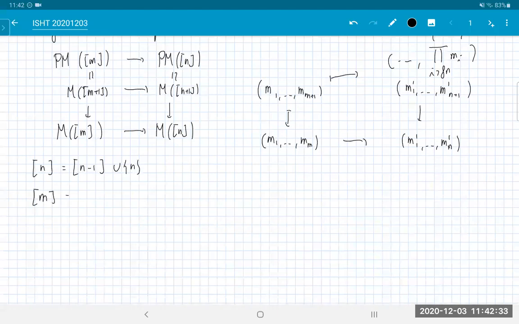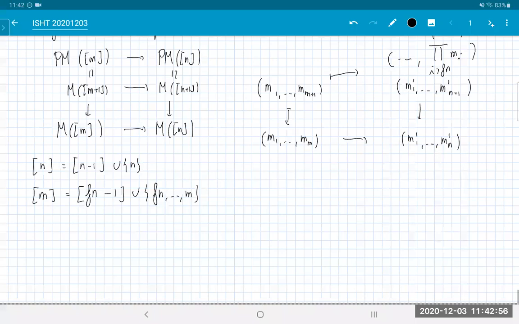And M as the disjoint union of F_{n-1} and F_n, with the lexicographic order.